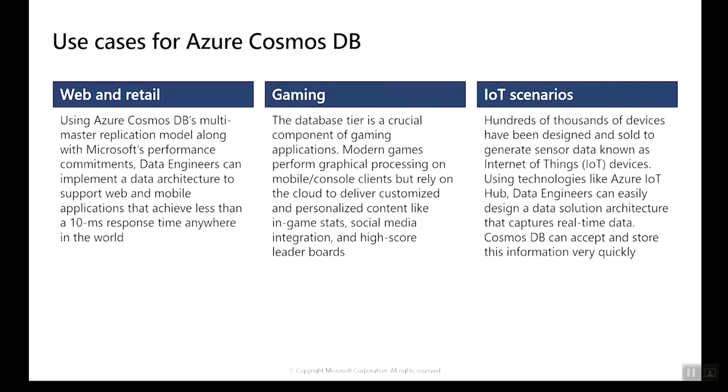Then this data can be used by analytic services like Azure Machine Learning, Azure HDInsight, or Power BI to run analytics workloads on top of it. Additionally, you can also process the data in real time by triggering an Azure function to help filter and process some of that data as it comes into your Azure Cosmos DB database.